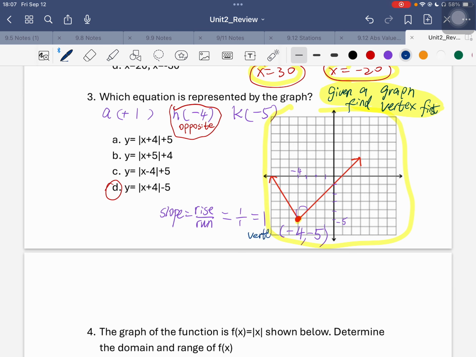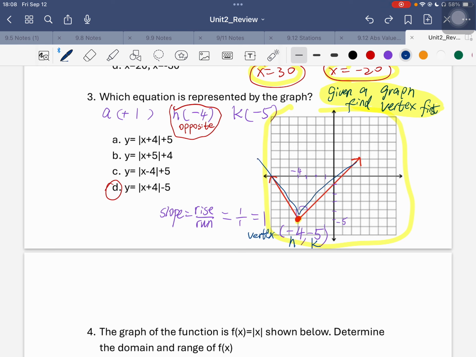This is the vertex. And from the anchor chart, we know our vertex is (h, k). So I know my h is -4, and my k is -5. Now let's look at a.